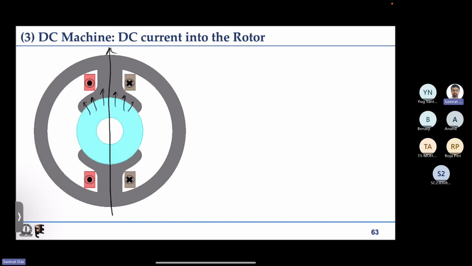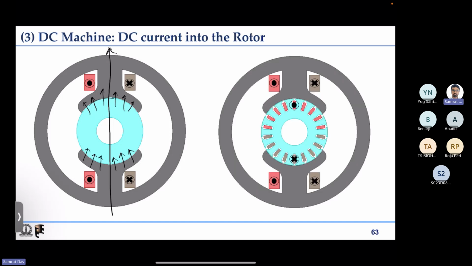So you have flux going upward in the top side, upward in the bottom side also, but radially outward in the upper side, radially inward in the bottom side. So we had some south pole here on top and north pole here on the bottom.